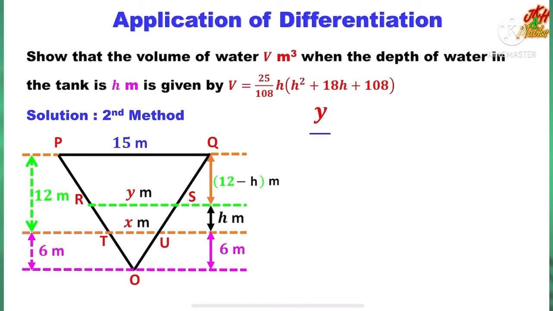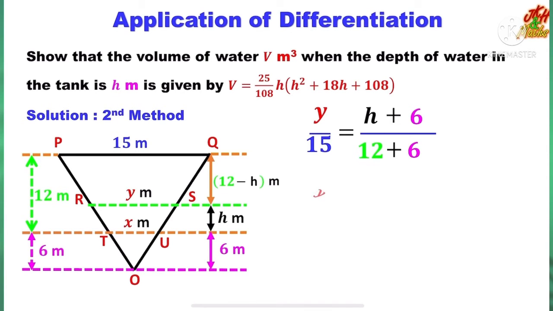Now, when we take y, we compare with the total pyramid, whose side is 15. Then we take the corresponding proportional side, which is h plus 6, with the total height of the pyramid being 12 plus 6.